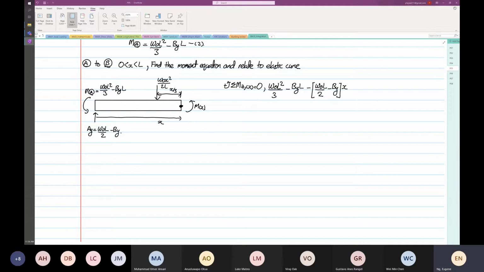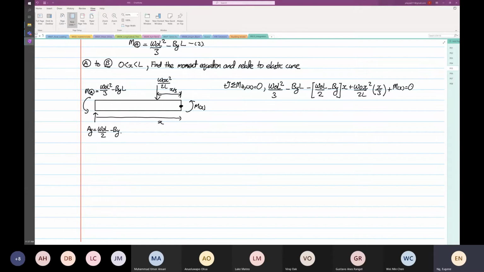And then we will have a plus ω₀x² over 2L, then multiplied by x over 3. Anything else? Then plus M as a function of x, the whole thing will be equal to 0.